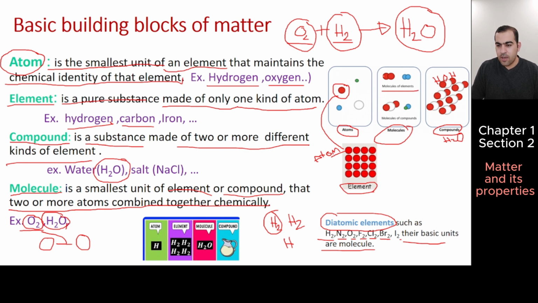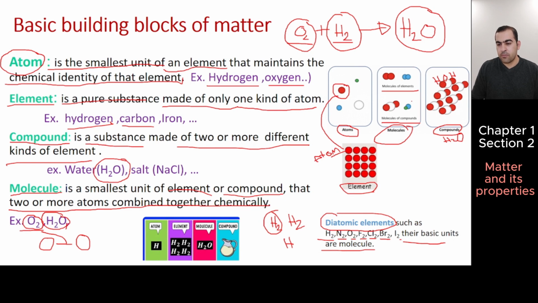If you look at molecules of elements and molecules of compounds, what's the difference between them? We know compounds' basic unit is the molecule. For example, the H2O compound is made of billions, millions of H2O molecules.